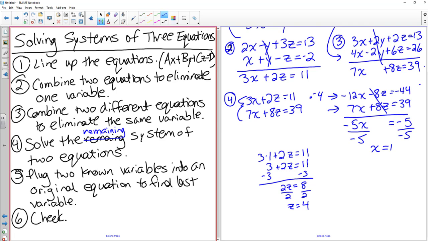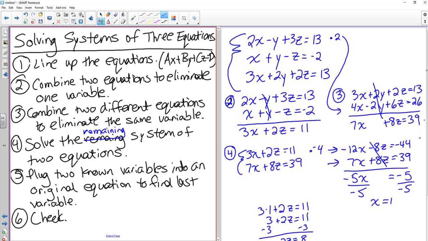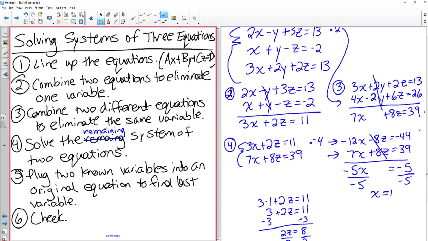Okay, so to get y, I'm going to go back to one of my original equations. So these sometimes get a little big. Let's use a middle equation. So I'm going to plug in 1 for x plus y minus z. Oh, except I know what z is.